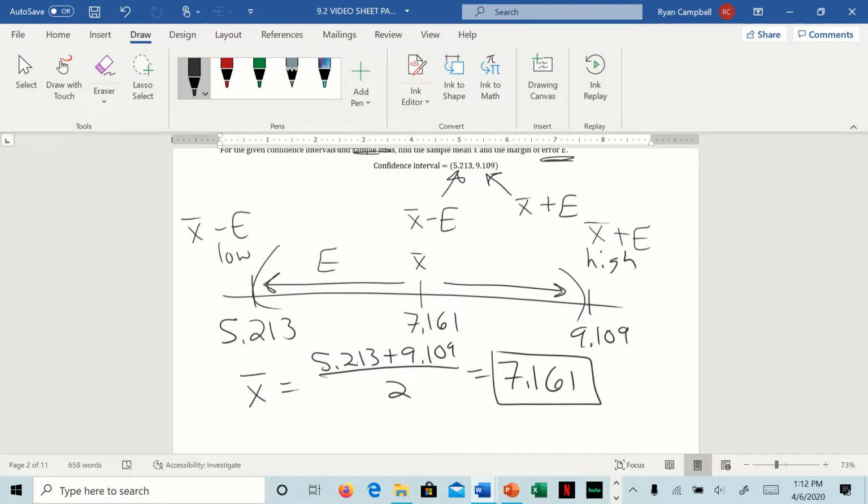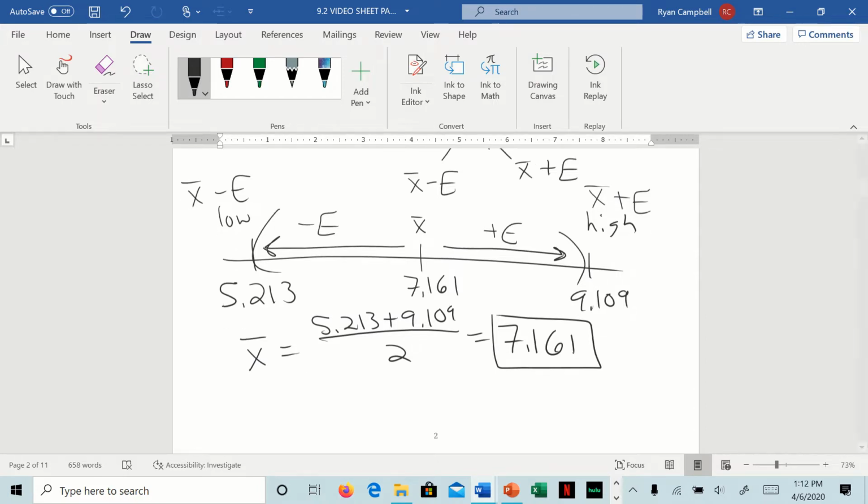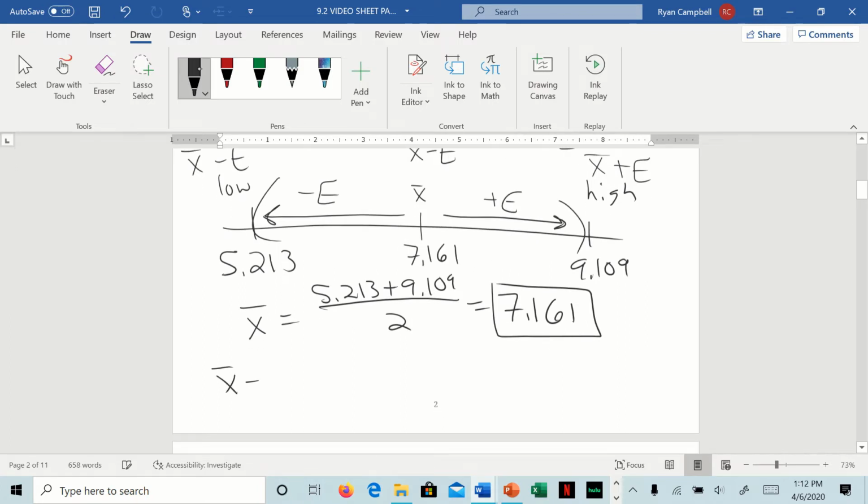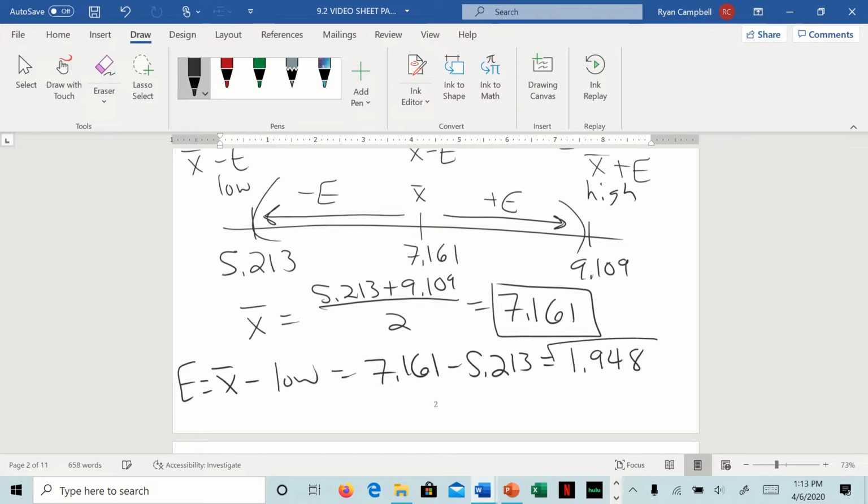You had to add E to get to the big number. So we can just do X bar minus the low number to get our E. So 7.161 minus 5.213, and we should get that E is 1.948. And we're done.